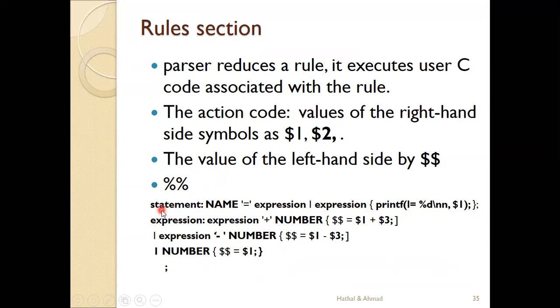When a production is recognized, the corresponding action is specified in the user C code. So in this case, if the expression is evaluated and you want to print its value, we can use the printf statement to print the value of the expression.